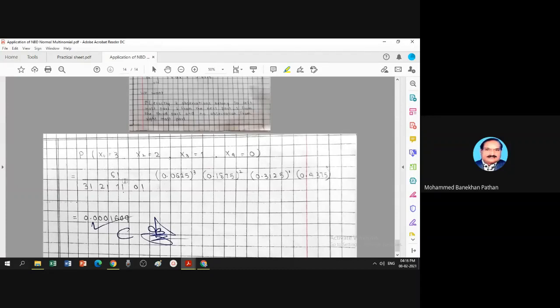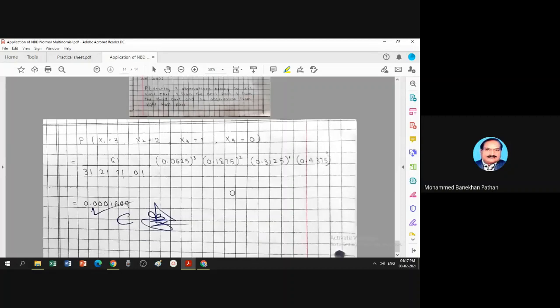Small n is 6, 6 factorial over x1 factorial multiply x2 factorial multiply x3 factorial multiply x4 factorial. x4 is 0, 0 factorial is 1. P1 raised to x1, P2 raised to x2, P3 raised to x3, P4 raised to x4 which is 0. Simplify, the answer will come this much. So this is the way of solving the questions related with normal distribution, negative binomial distribution, and multinomial distribution.